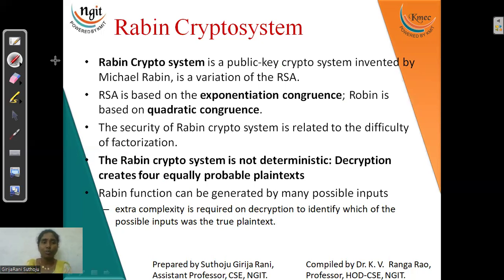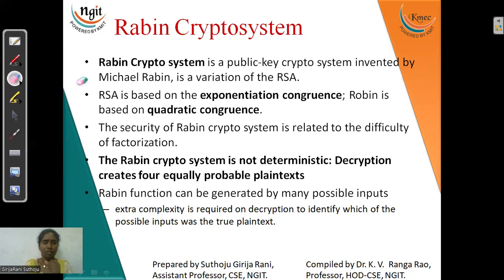So these 4 outputs will be 4 equally probable plain texts. Can you see this point? So in the decryption procedure, we will be getting 4 plain texts. Out of these 4 outputs, we should think about what may be the possible plain text, and we have to decide the approximate one. So this is the only small disadvantage we have, right?